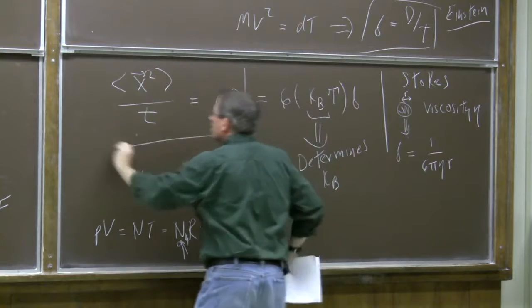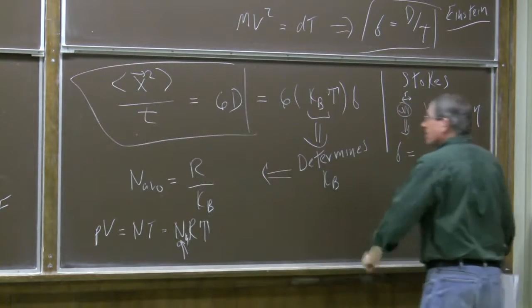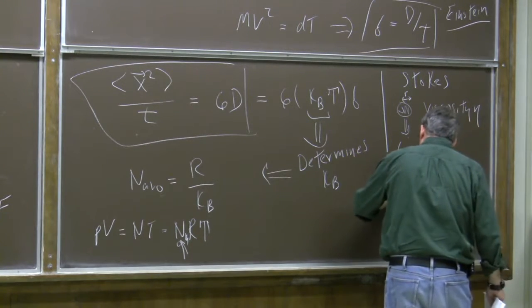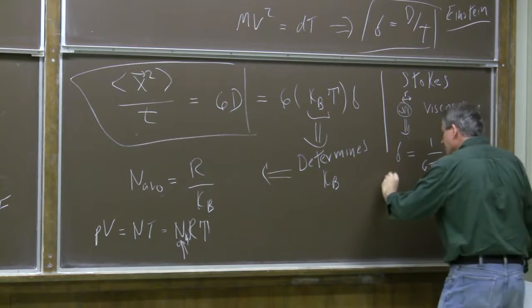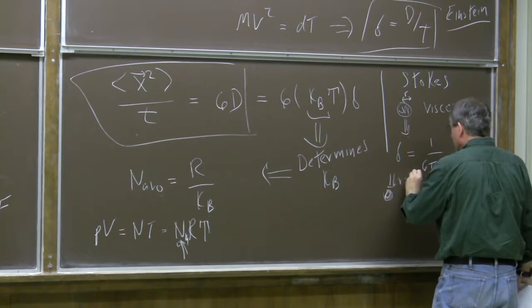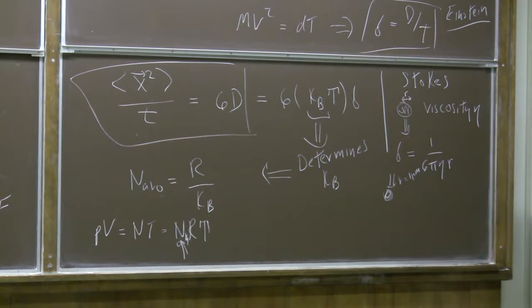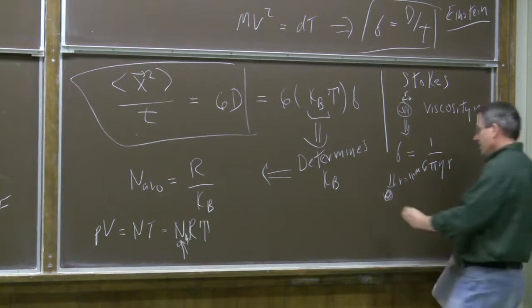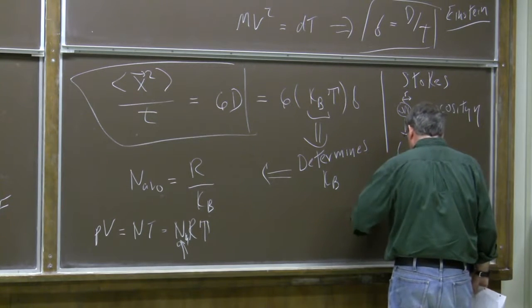He said, okay, here's a particle, and it has a size of about r equals 1 micron, or micrometer, and look at it under a microscope. It's big enough so you can see it with a good optical microscope, and it jiggles around.